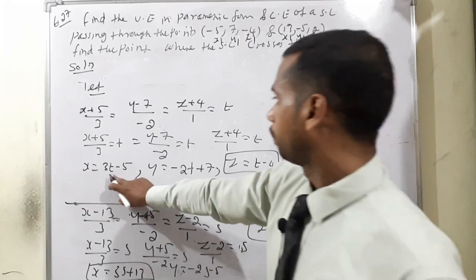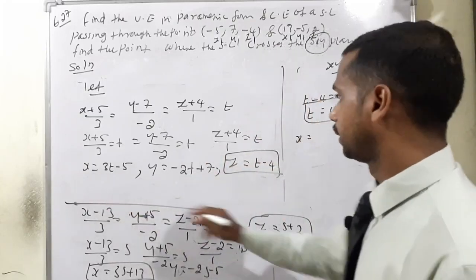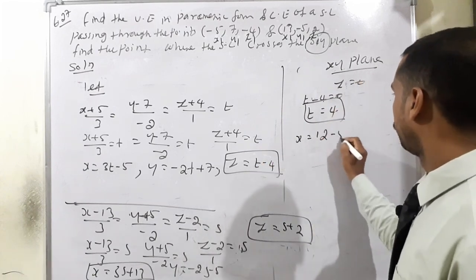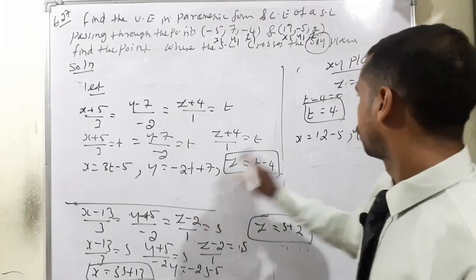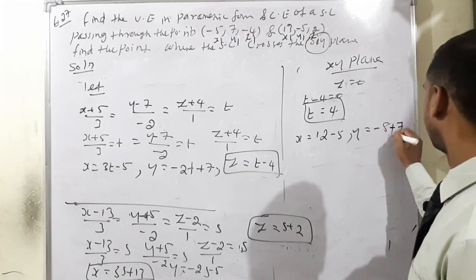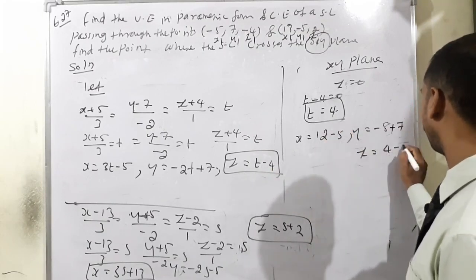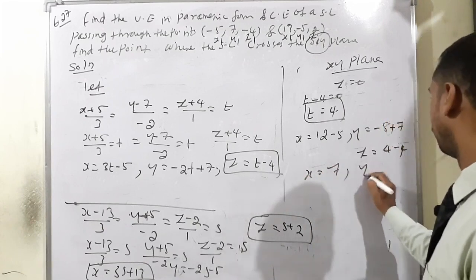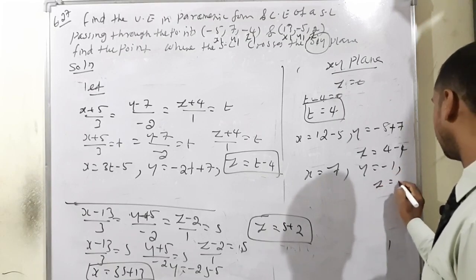Substituting t is equal to 4: first, x is equal to 3 into 4, which is 12, minus 5. Next, y is equal to minus 2 into 4, which is minus 8, plus 7. Last, z is equal to t minus 4, which is 4 minus 4. Therefore, x is equal to 12 minus 5, which is 7, y is equal to minus 8 plus 7, which is minus 1, and z is equal to 0.